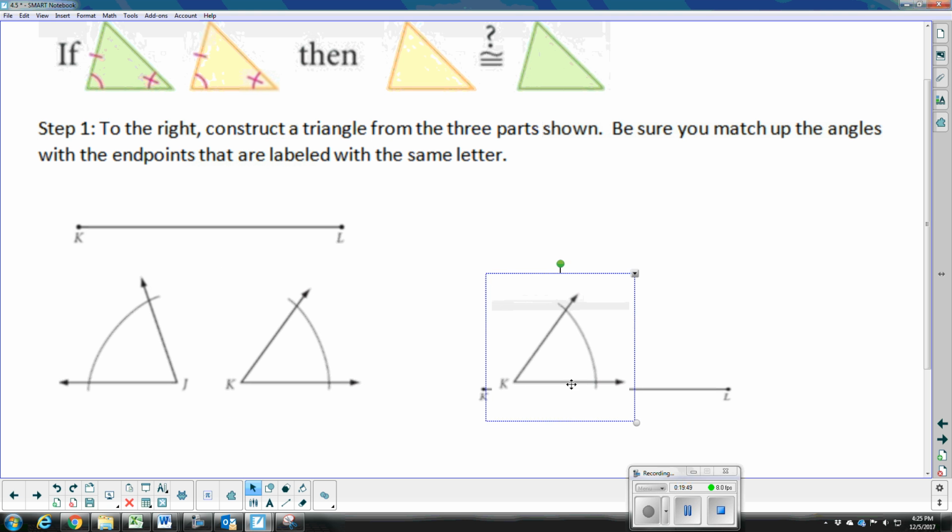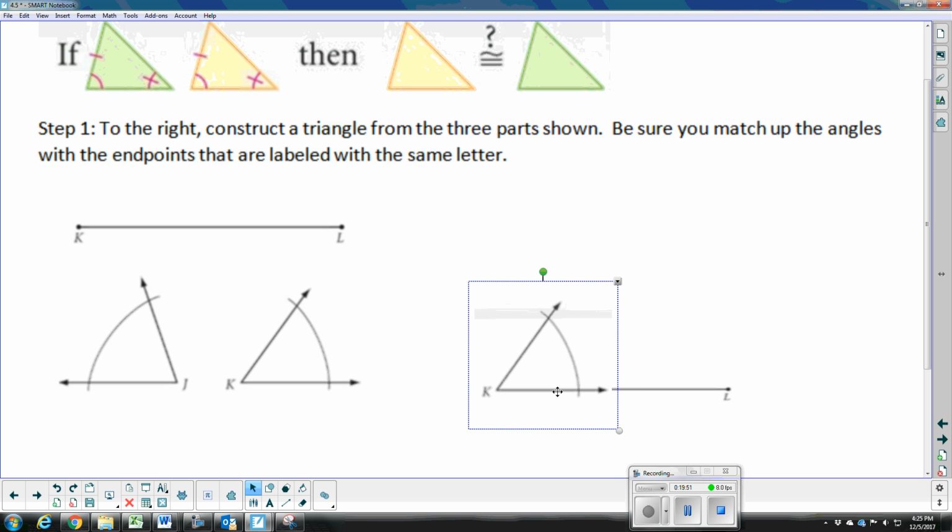All right, so if this angle is at K, then I can extend this. I'll have to extend it to make it longer.